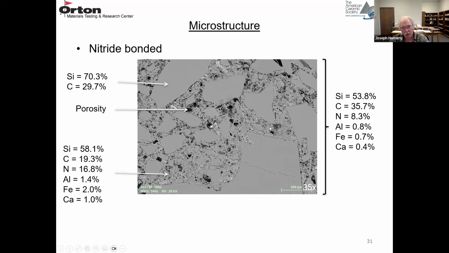You can pick out finer pieces of silicon carbide. And then if you analyze the matrix region, it's about 58% silicon, 19% carbon, and 16% nitrogen. So it's a mixture of fine silicon carbide from the silicon and carbon, and the silicon nitride is the silicon and nitrogen.